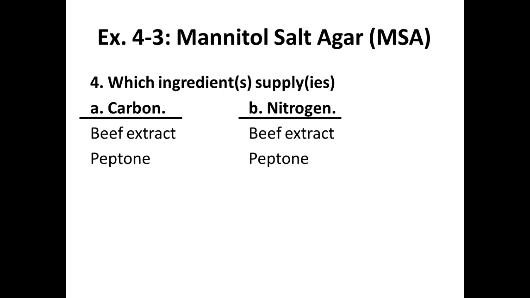Peptone. These are protein derivatives. They contain both carbon and nitrogen. So plenty of stuff for these guys to eat. And there's even a special sugar in the alcohol form, mannitol. Sugars, on the other hand, are just carbon and water, right? Carbohydrates. So no nitrogen, just carbon and H2O.